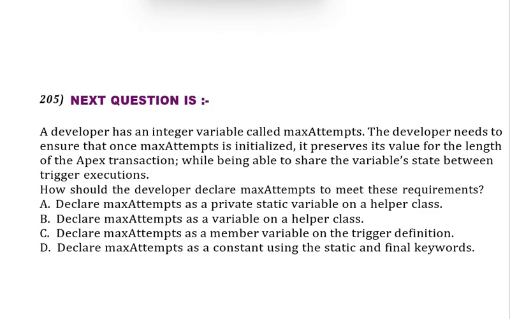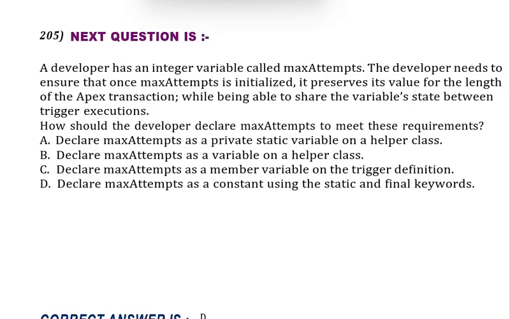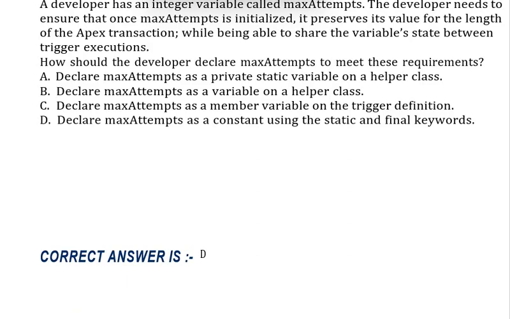Option A, declare maxAttempts as a private static variable on a helper class. Option B, declare maxAttempts as a variable on a helper class. Option C, declare maxAttempts as a member variable on the trigger definition. Option D, declare maxAttempts as a constant using the static and final keywords. Correct answer is option D.